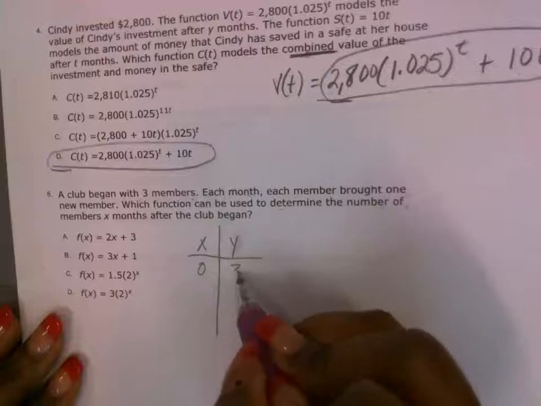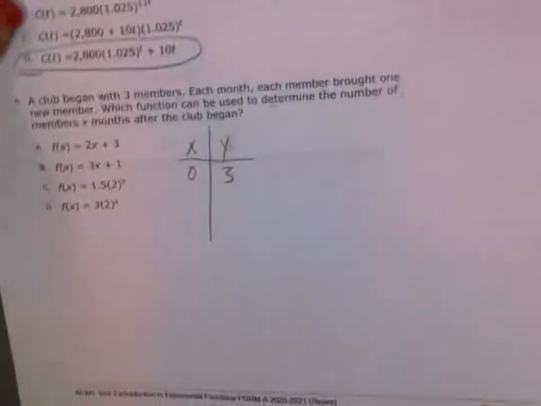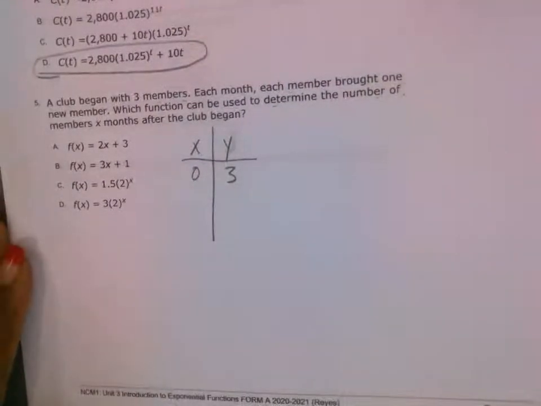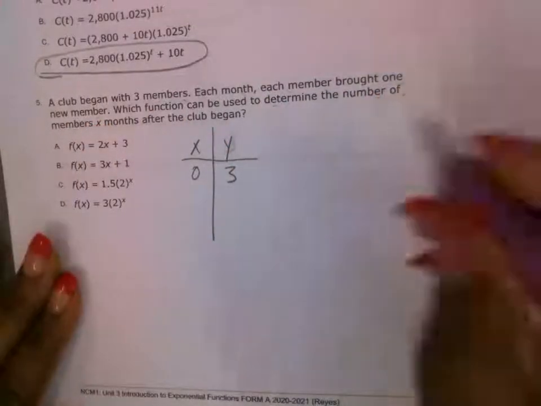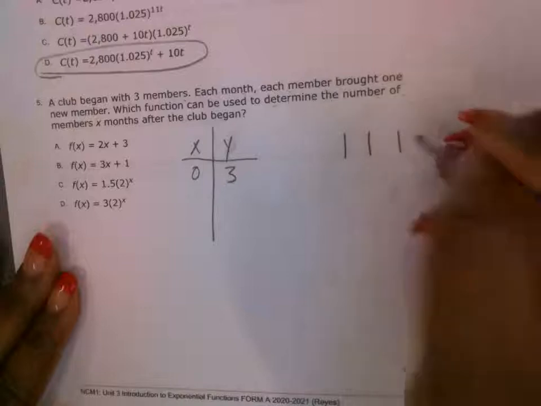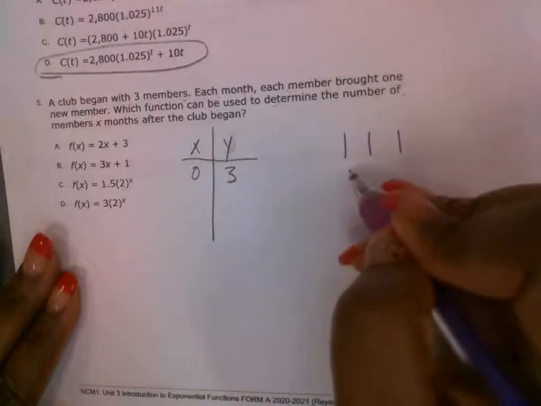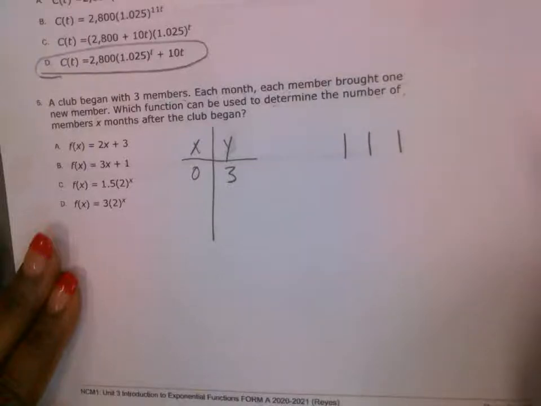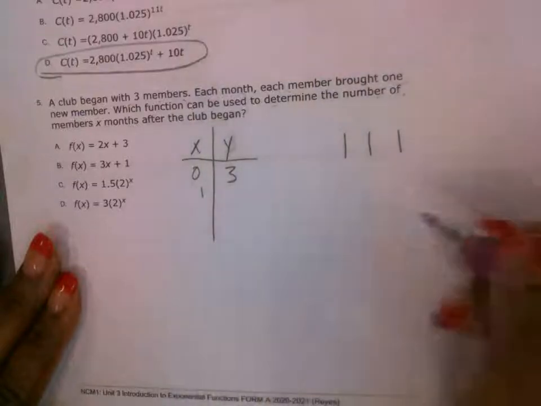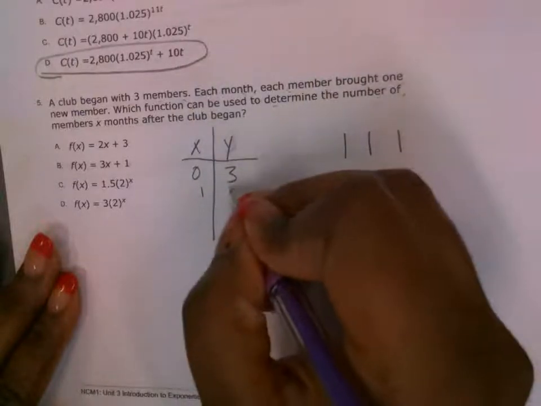Let me put it like this. The starting number is 3. So what's happening every single time? Each member is going to bring 1 new member. So if we start off with 3 people, I'll just draw sticks, and then each of those people bring 1 person. How many people is that? Yeah, 6.